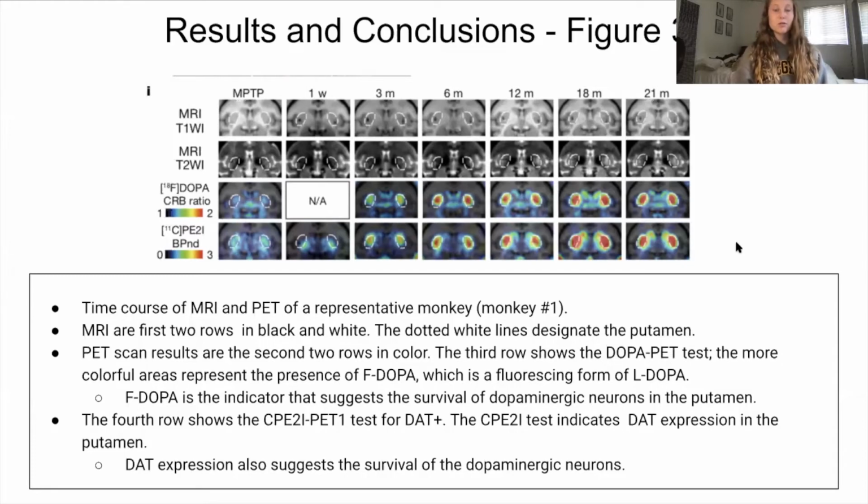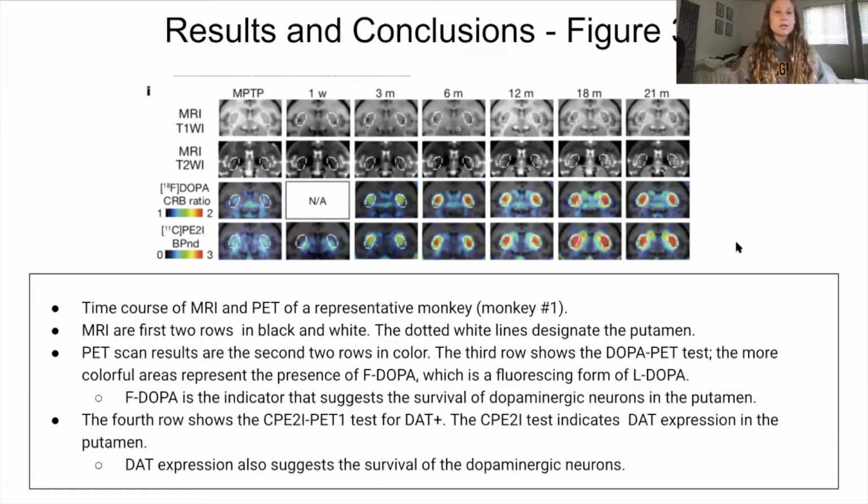The third row of PET scans is screening for F-DOPA, a fluorescing version of L-DOPA, which suggests the survival of dopaminergic neurons because it's being produced, and because they made it fluoresce, we can pick it up on a PET scan and it looks like that. You can see that the more time progresses, the more dopamine is being released and created, and that means the dopaminergic neurons are surviving, which is really great.